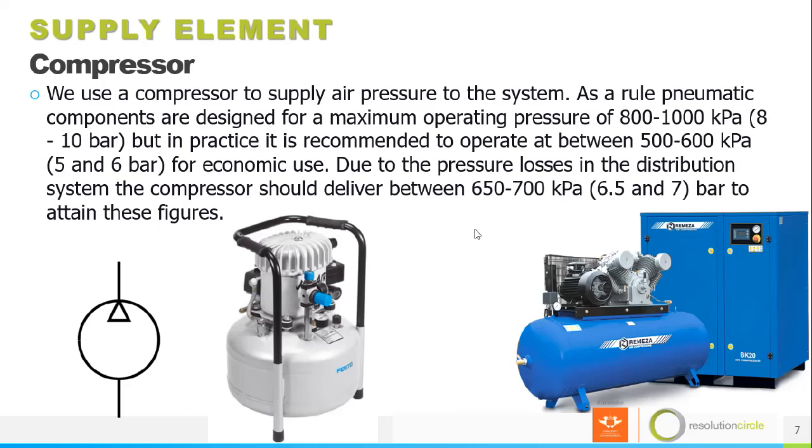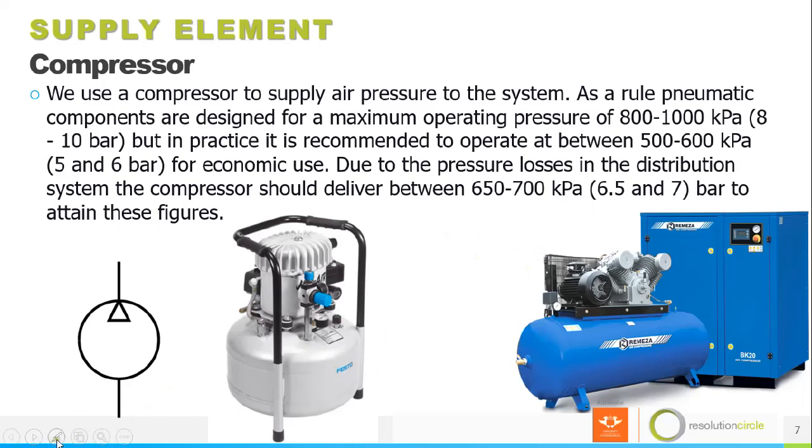But in practice, it is recommended to operate between 5 to 6 bar for economic use and for safety precaution. Due to pressure loss in the distribution system, the compressor should deliver between 6.5 to 7 bar to attain these figures.